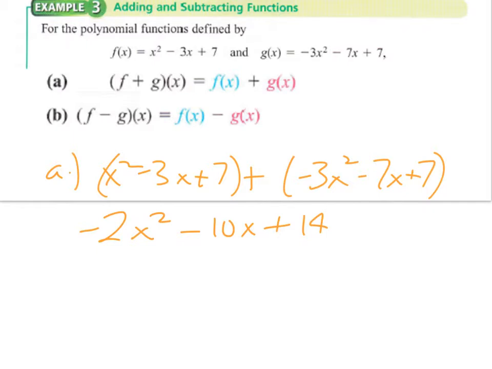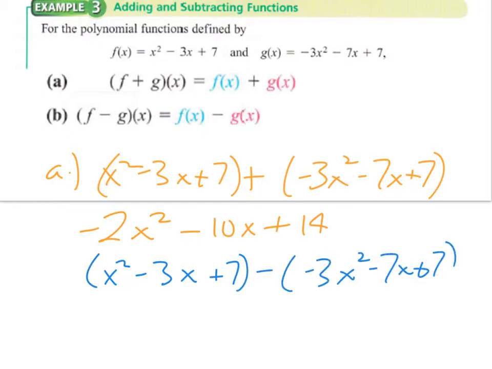The second part, we'll do the subtraction, f of x minus g of x. So it'll start off looking very similar, x squared minus 3x plus 7, but then subtracting negative 3x squared minus 7x plus 7.